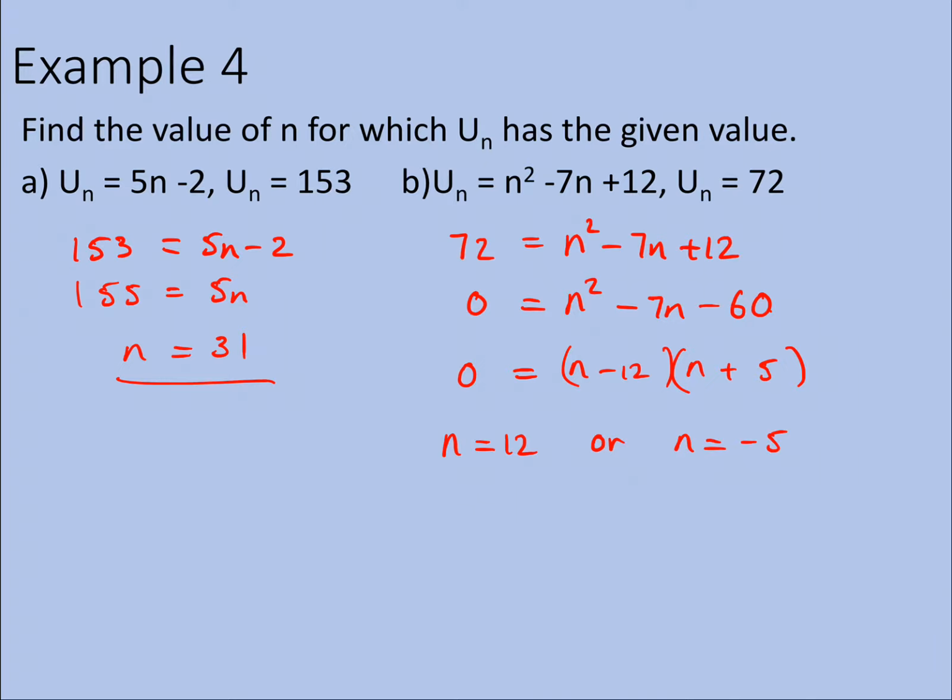Thinking about it for a second, it doesn't really make sense for us to have a negative place in the sequence. Remember, we're talking about places in the sequence where the first place is where n is 1, the 12th place is where n equals 12. So a place in the sequence of negative 5 doesn't make sense. We discount the negative value there. So the only value that we can have is n is 12.